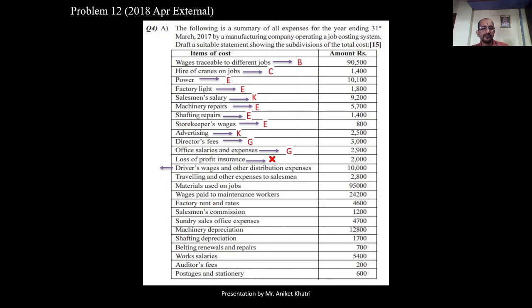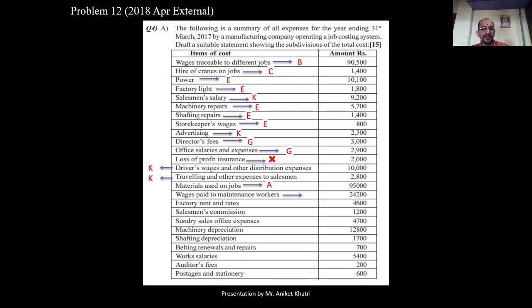Next, driver's wage and other distribution expenses, K. Traveling and other expenses to salesman, again K. Materials used on job, A. That is our direct material consumed.